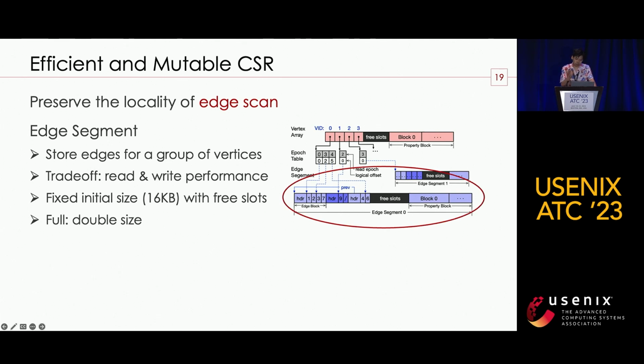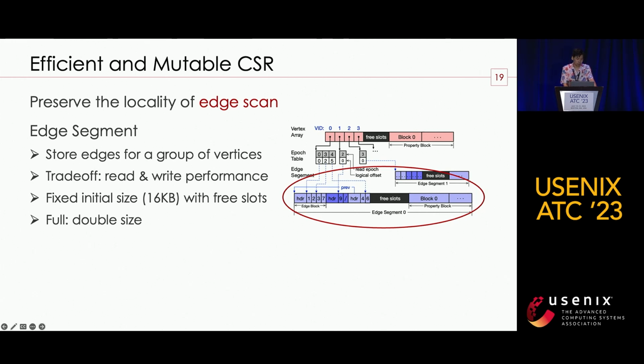Each edge segment has a fixed initial size, and it keeps free slots reserved for newly inserted edges. When a segment is full, it will be relocated with double size by a copy-on-write mechanism.